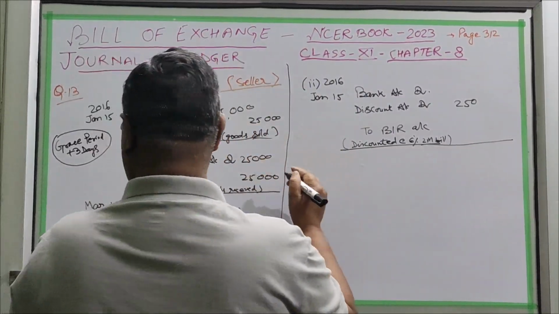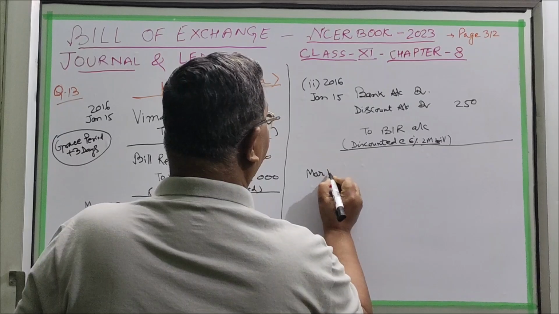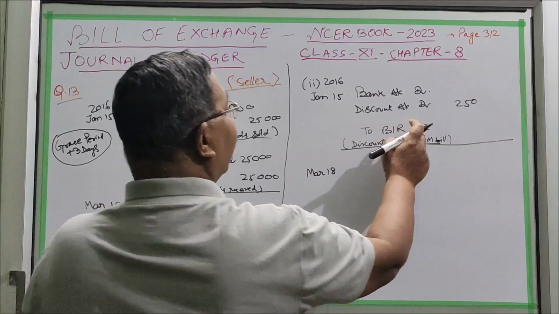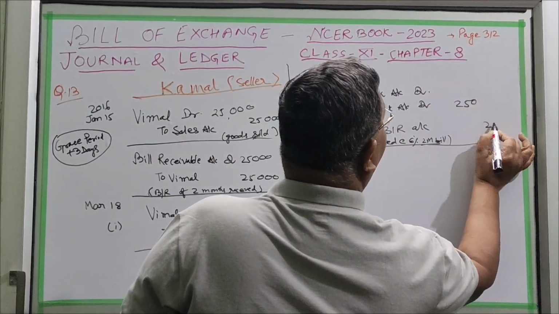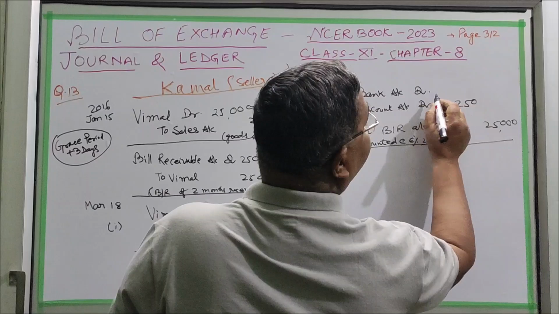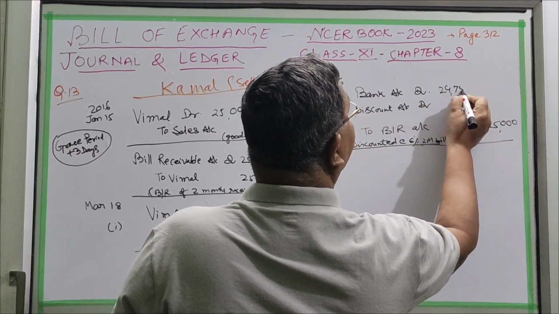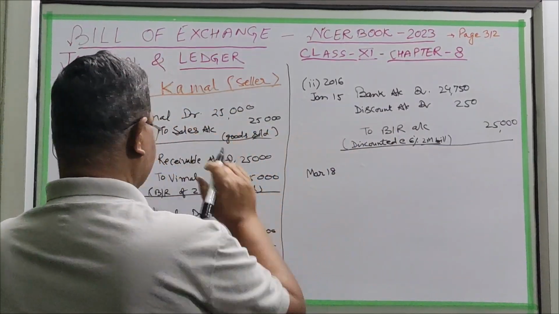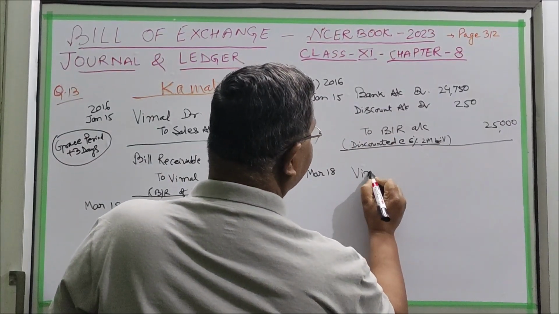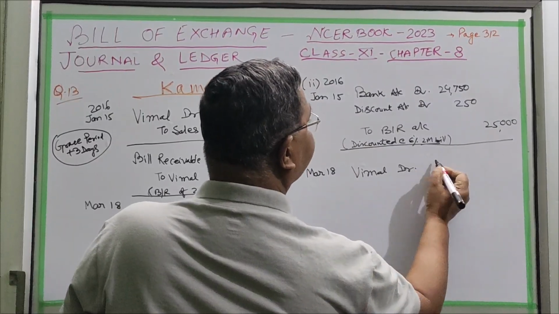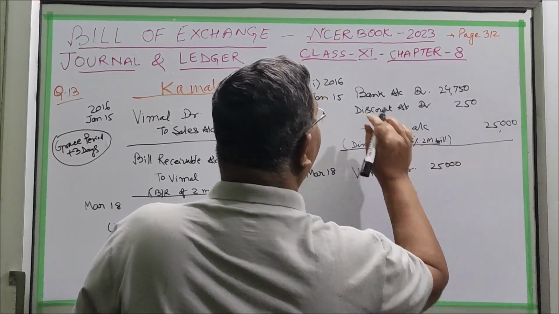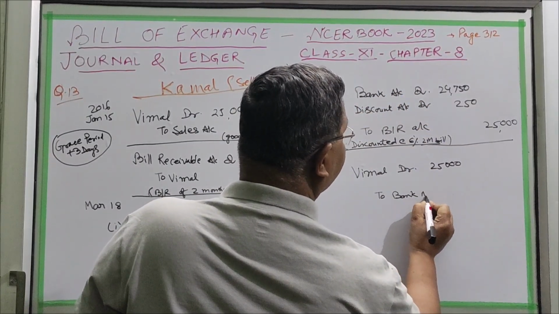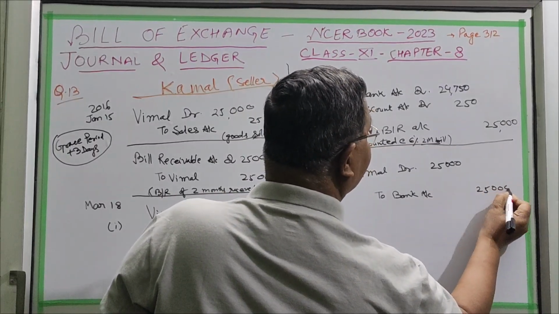Now, if on the due date, March 18, the purchaser does not pay the money, the bank will recover the full amount from you. So bank account, and this person Vimal will again become a debtor. So Vimal debit by the full amount 25,000, and from the bank money goes out, so to bank account, meaning the bank has recovered the amount from you.